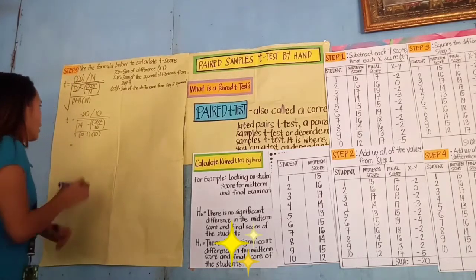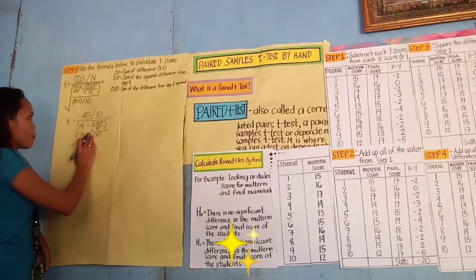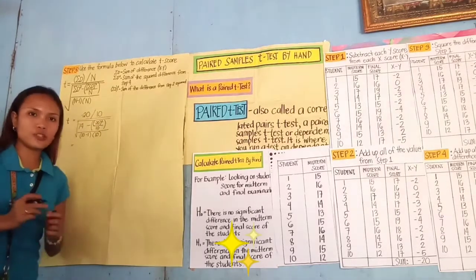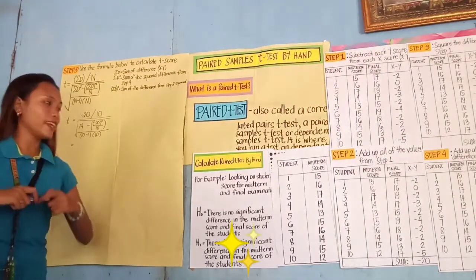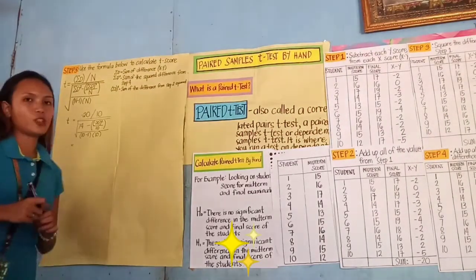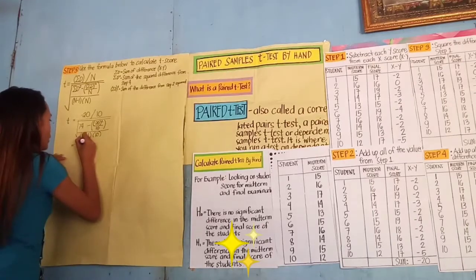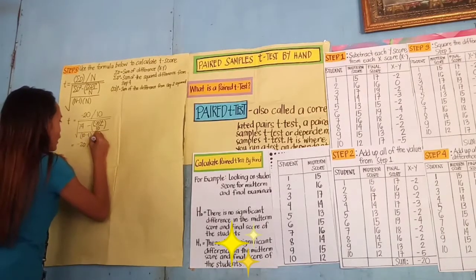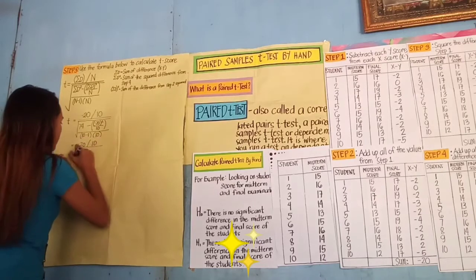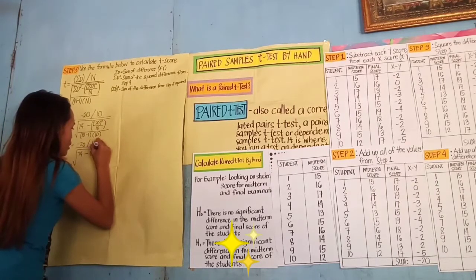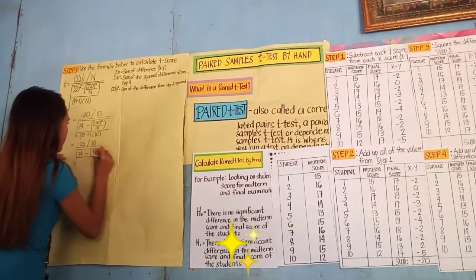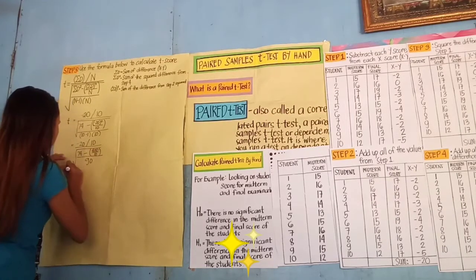Next, we are going to solve it using our scientific calculator so that we can easily get the t-score. So, negative 20 divided by 10, all over the square root of 74 minus 20 squared, which is 400, all over 10, divided by 90.